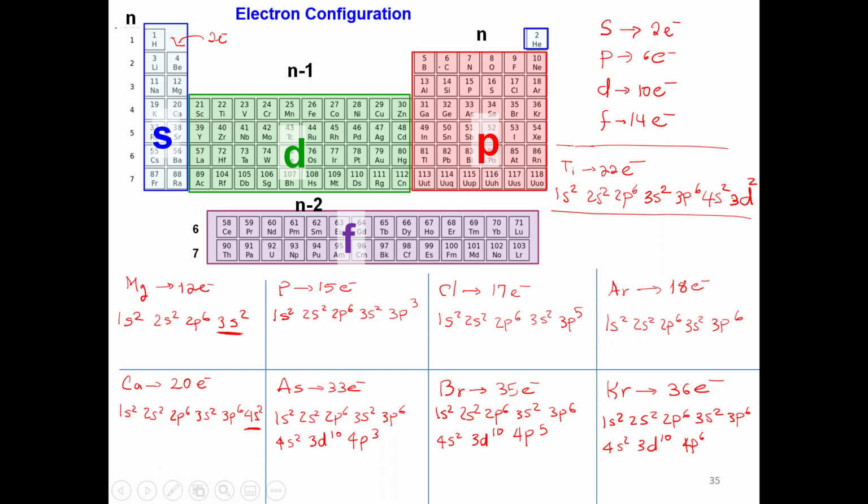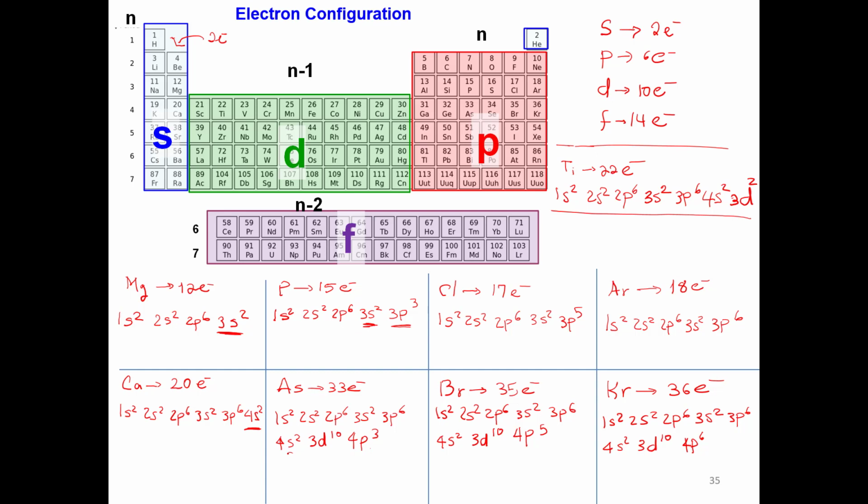Let's try it, for example, for this group, phosphorus. Yes, phosphorus. Then let's see, we did phosphorus and arsenic. Let's see how many electrons in the last shell. How many electrons did we have in the last shell? Sorry, we had here 5 electrons. Yes, 3 is the last shell, 2 plus 3 is 5.